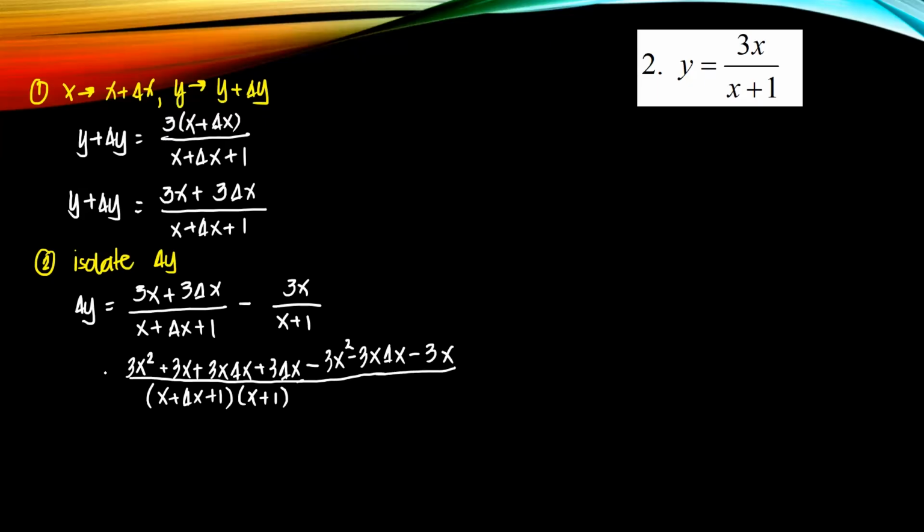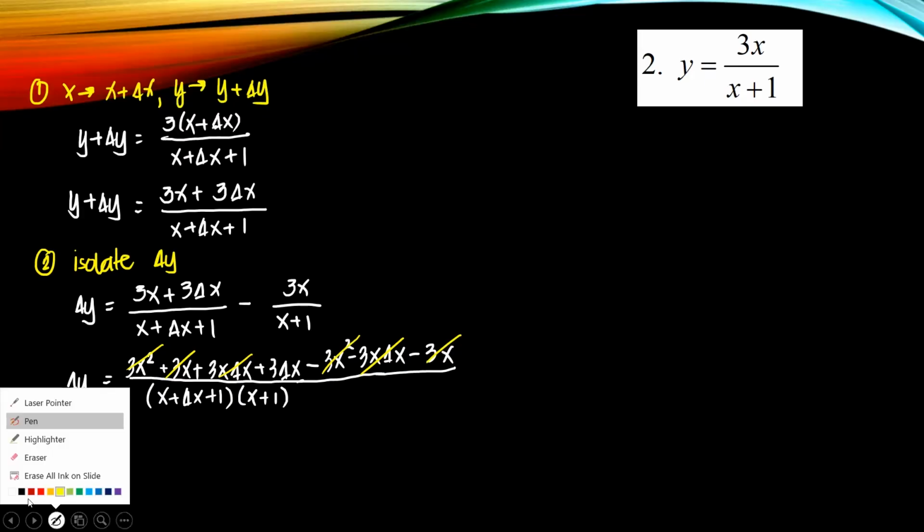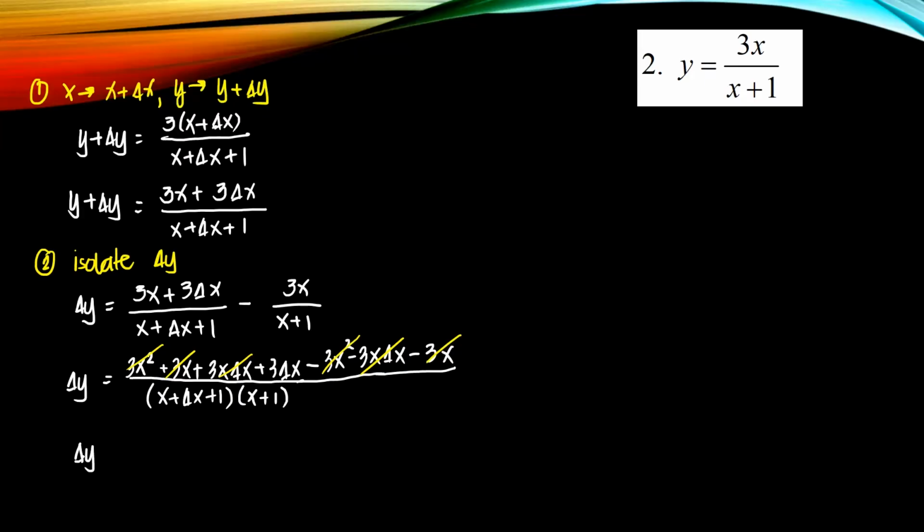Okay, so now that we have this, let's try simplifying what we can cancel out. 3x squared and 3x squared cancel out. 3x delta x and 3x delta x, and then 3x and 3x. So you're left with that term, 3 delta x all over x plus delta x plus 1 and x plus 1, right? So what is step number 3, guys?